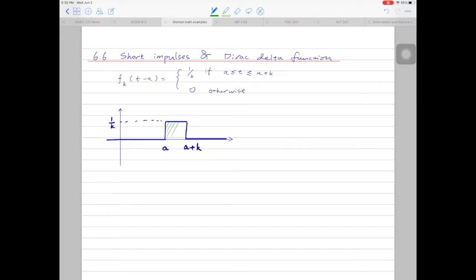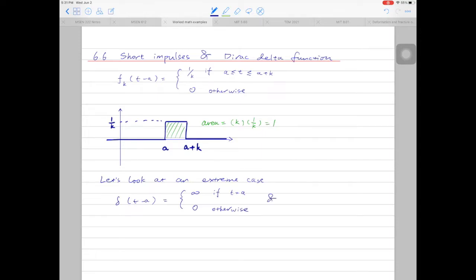What is special about this equation is that if we look at the area enclosed by this square impulse, that is k multiplied by 1 over k, which gives 1. Next, let's look at an extreme case. We have delta(t minus a) equals infinity if t is equal to a, and it is 0 otherwise.